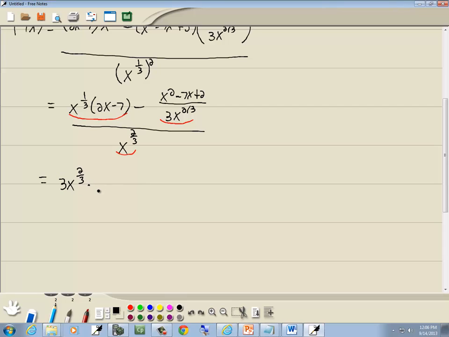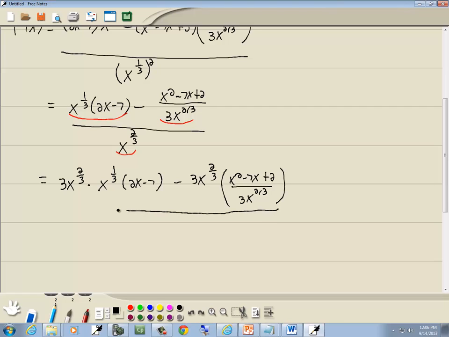So multiply times our first group, minus multiply times our fraction. Radicals are always nasty, in case you're wondering.